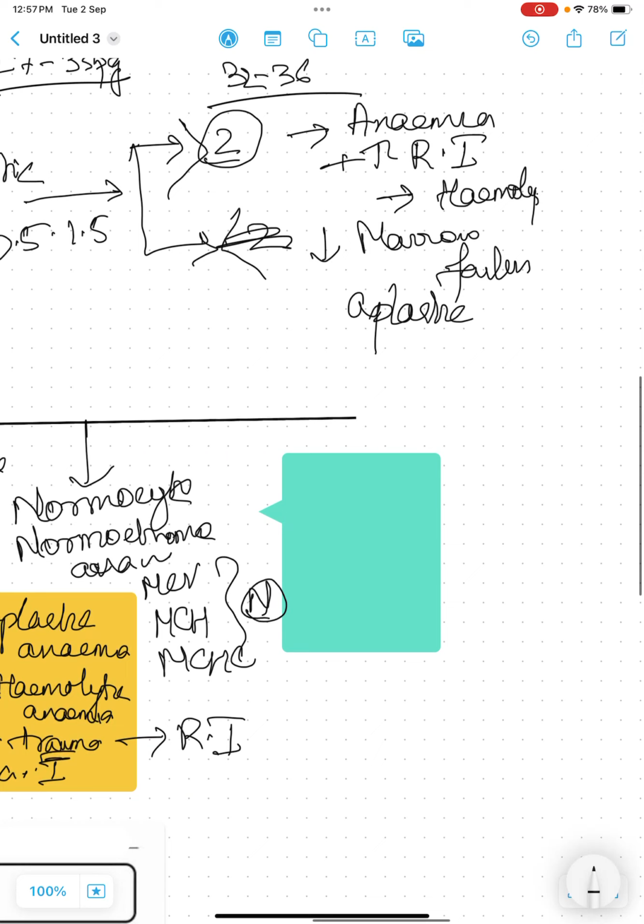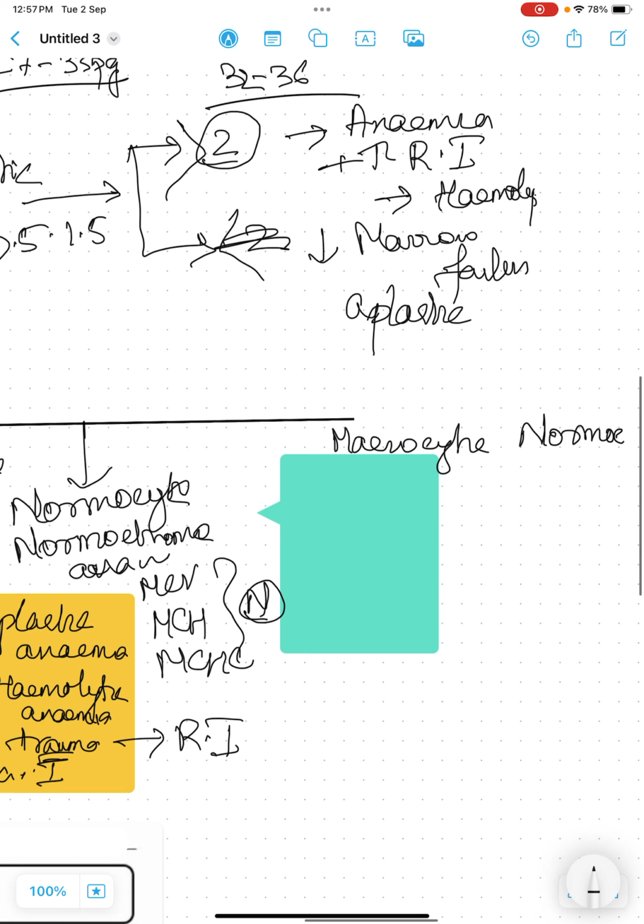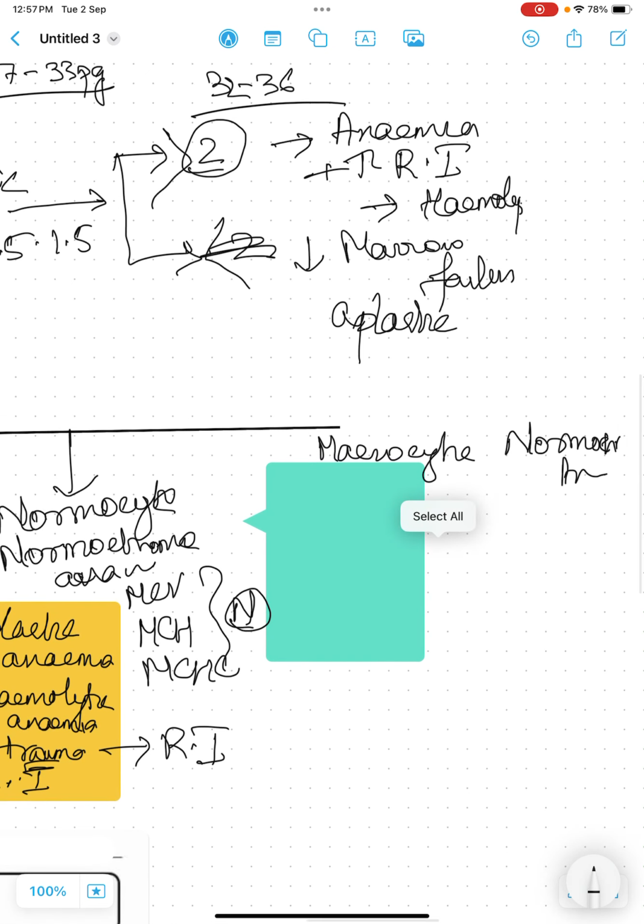Now coming to macrocytic normochromic anemia. Macrocytic, as I said earlier, is when the level is more than 100, right? So the MCV and MCH may be normal or increased, because the cells are large.